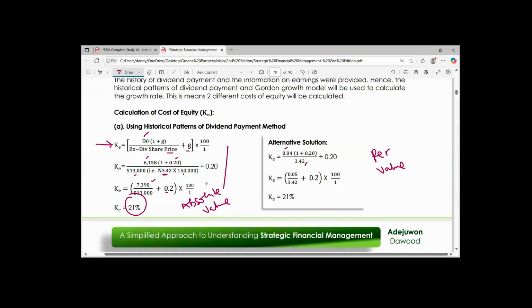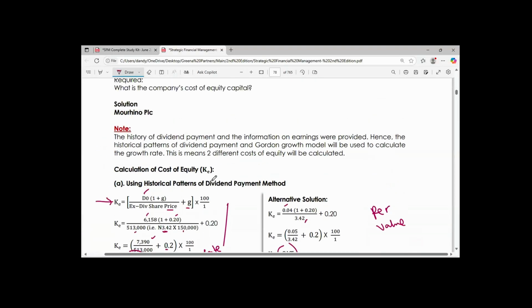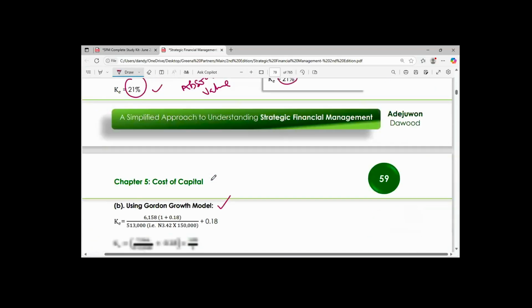So in total we got 21%, which is the same thing as the other one. Whether you use par value or absolute value, you are expected to get the same answer. So overall, cost of equity using the historical pattern of dividend payment is approximately 21% for Moreno PLC.